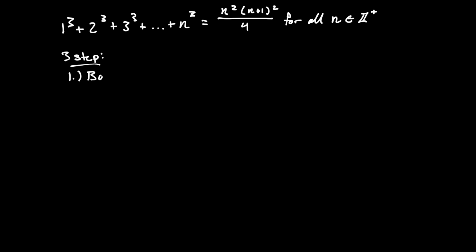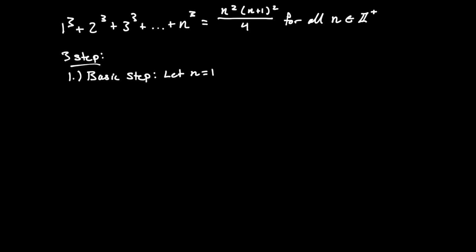So our first step is our basic step. And all we do in our basic step is we let n equal 1. What that does is it gives us a base case, right, to show that both the left-hand and the right-hand side are equal to each other for at least one value.